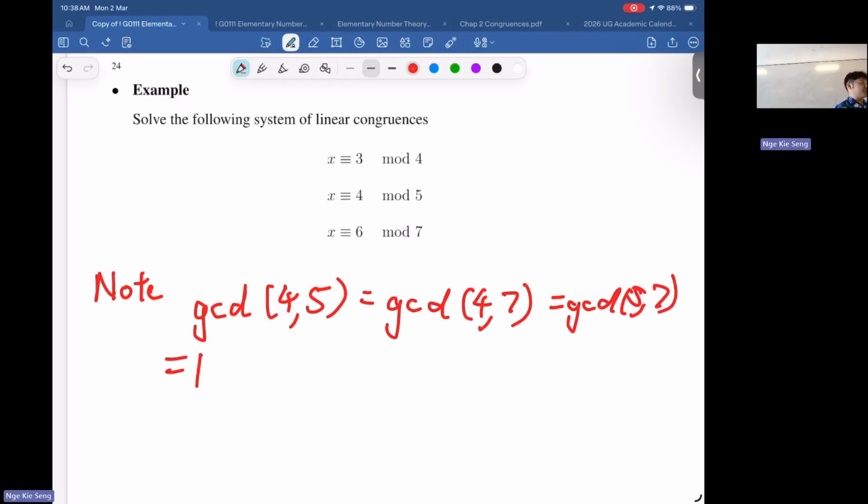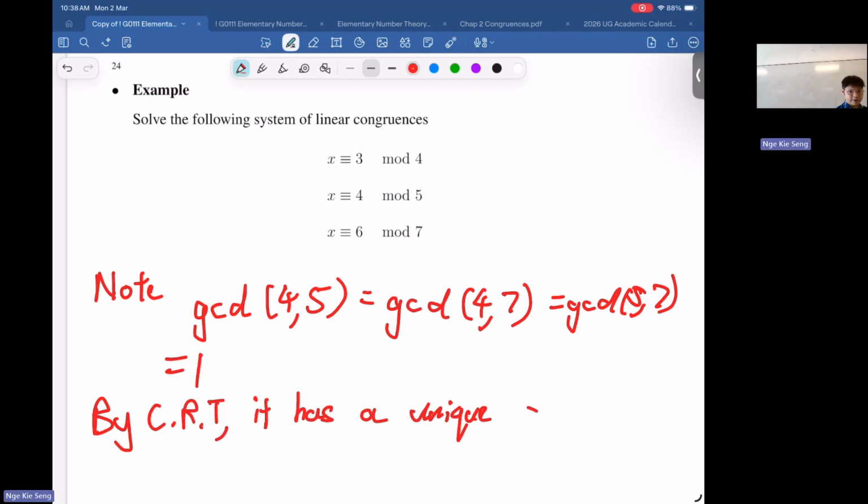They are all 1. So these numbers are pairwise relatively prime. So by the Chinese remainder theorem, CRT, it has a unique solution mod the product of these numbers.